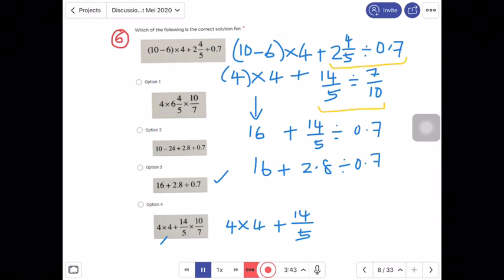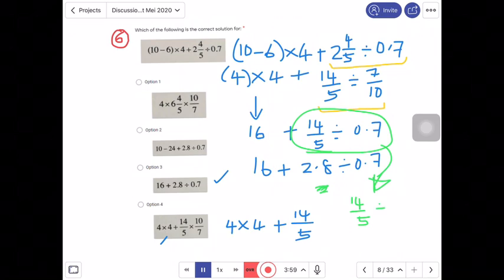Let me use a different color. So 14 over 5 divide 7 over 10, and then 14 over 5 multiply 10 over 7. Yes, it's correct. So we can also take these two options. It's not one, there are two correct options.